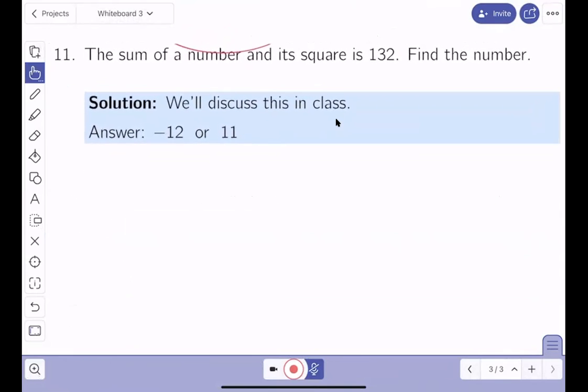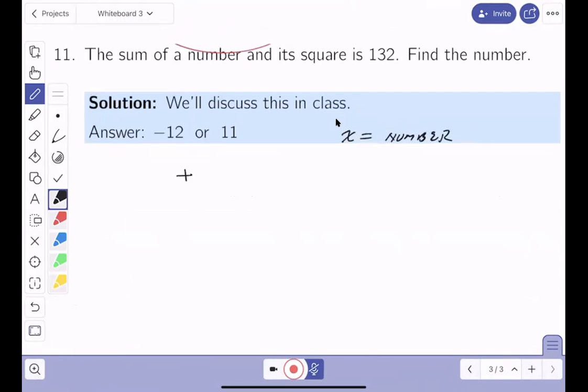It says the sum of a number and its square. Find the number. So it's a word problem. And what is it? X is the number. I do not know what the number is though. What does it say? The sum of a number and its square is 132. Well, this is good. I got the equation now.